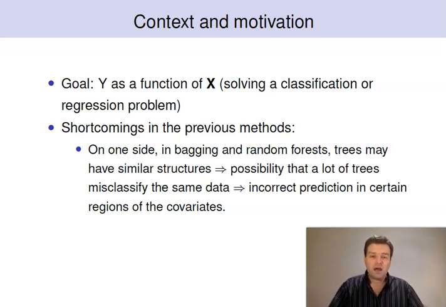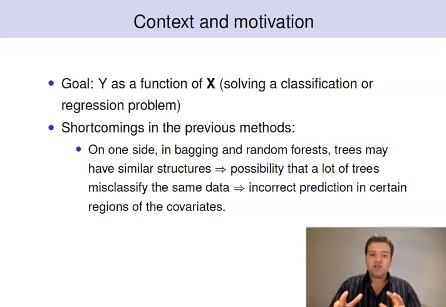The same data is misclassified in several trees because the variable which is able to correctly select this data is not chosen in the tree. All the variables are chosen before in the tree, and the variable which could correctly classify the data xi is not selected as a splitting variable in the trees. Therefore, it's possible that we have misclassification due to that.